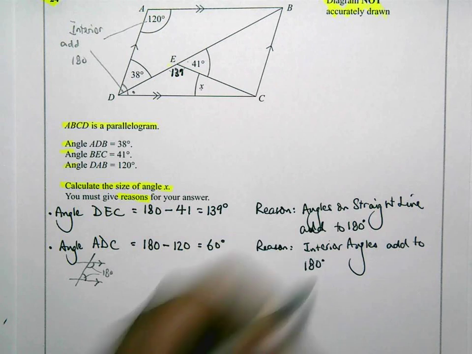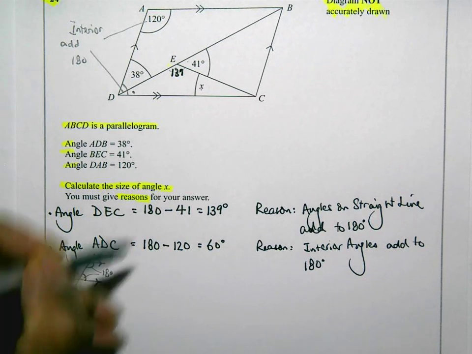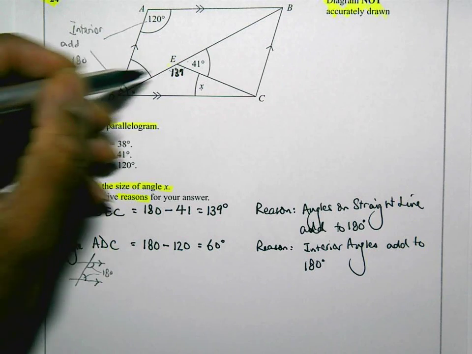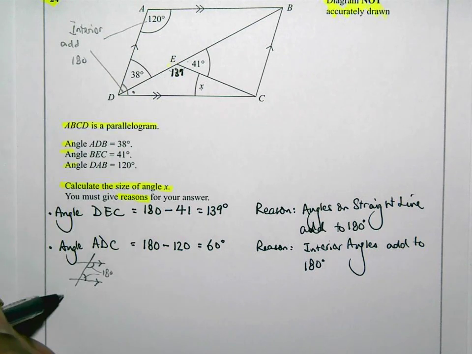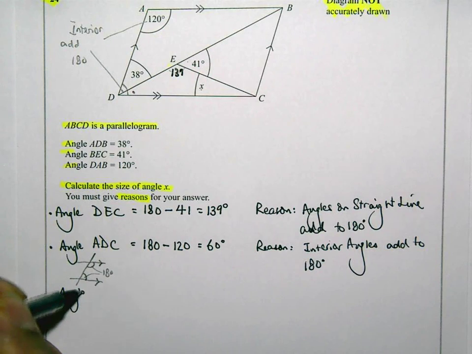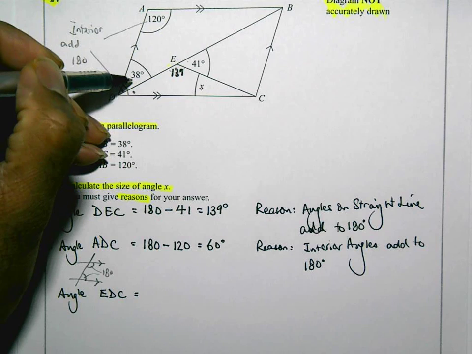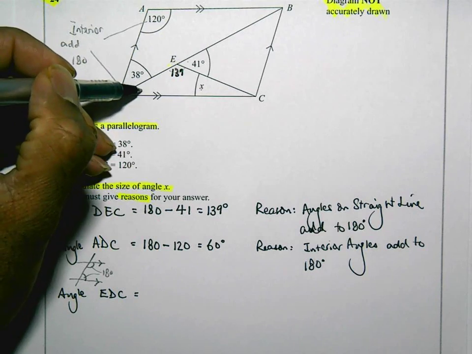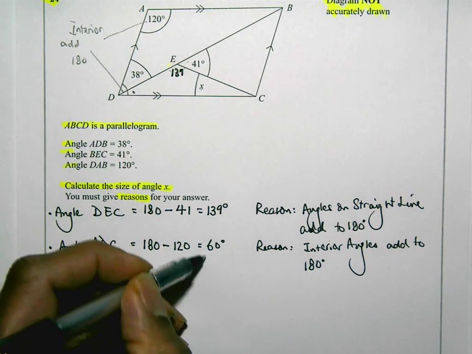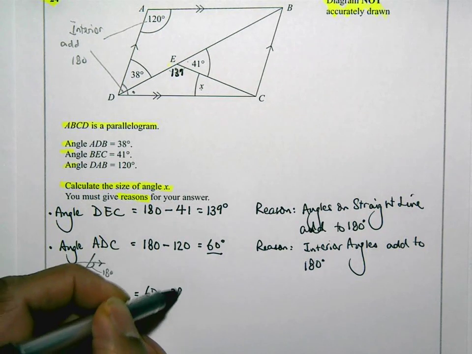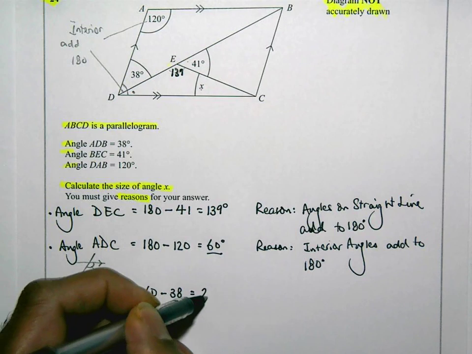Okay, and once I know that this angle here is 60 degrees, I can work out angle EDC. Because 38 and whatever angle EDC is are going to add to 60 degrees. So 60 take away 38 is going to be, well, that's 22, and you could use your calculator to work that out if you wish.